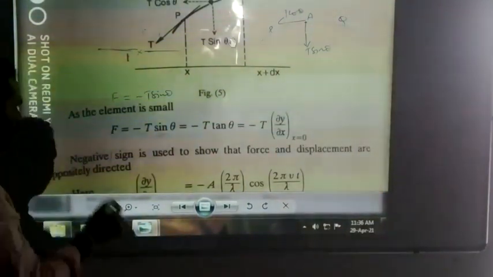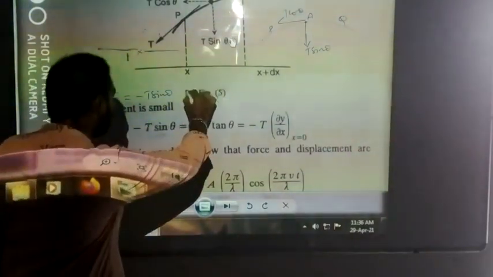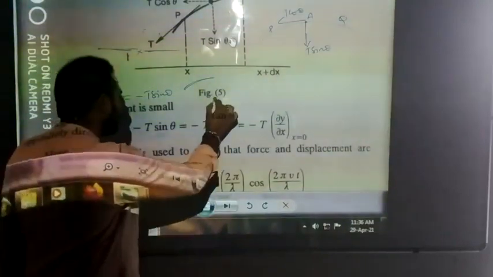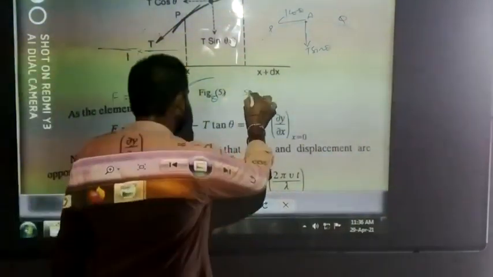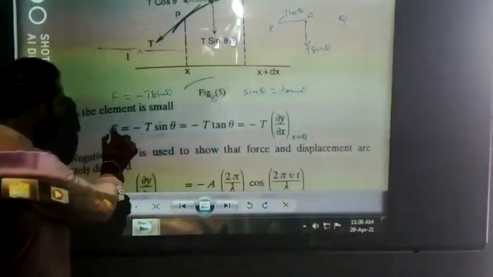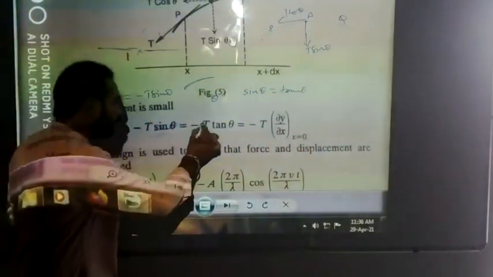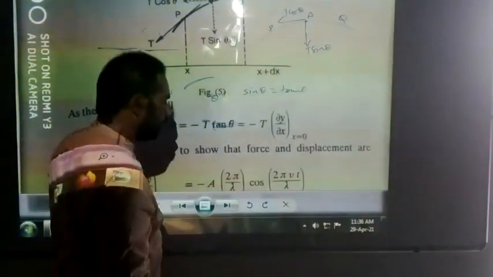As the element we are taking is very small, theta is also small. Hence sin theta is equal to tan theta. So F is equal to minus T sin theta, which is equal to minus T tan theta.